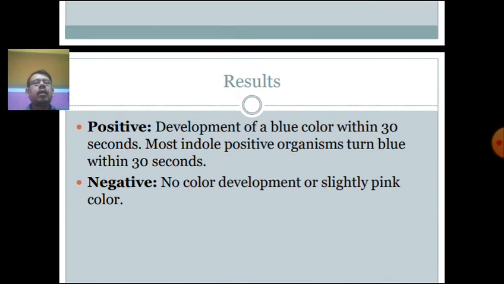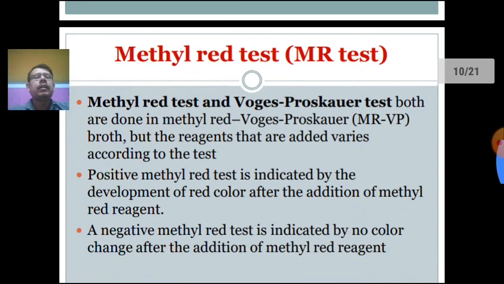Results: positive is development of blue color within 30 seconds. Most indole-positive organisms turn blue within 30 seconds, and for negative, no color develops. So in the spot test there is a blue color, while in the other test there is a pink color.